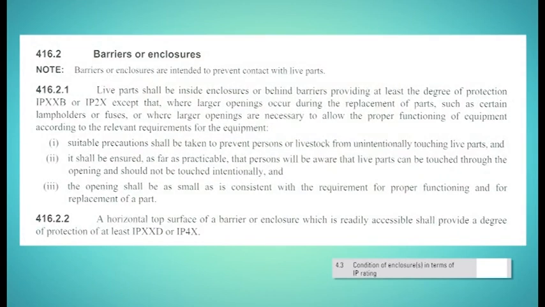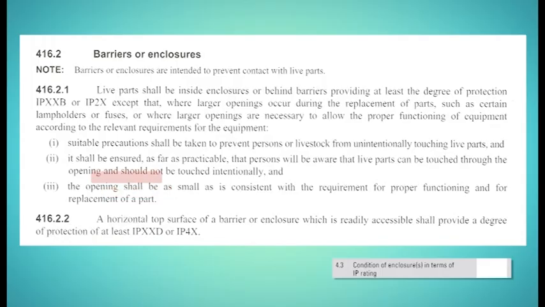Next, we have condition of enclosure in terms of IP rating. Here, the regulations require that the horizontal top surface of a barrier or enclosure, which is readily accessible, shall provide a degree of protection of at least IPXXD or IP4X, which is a hole no greater than 1mm.